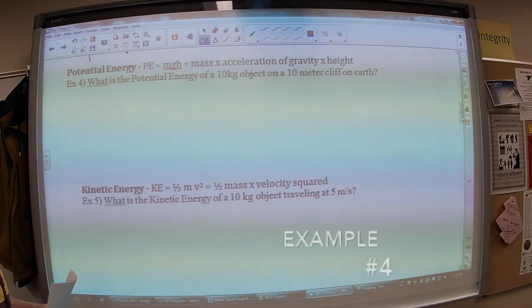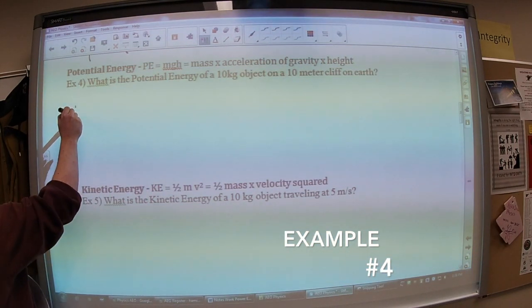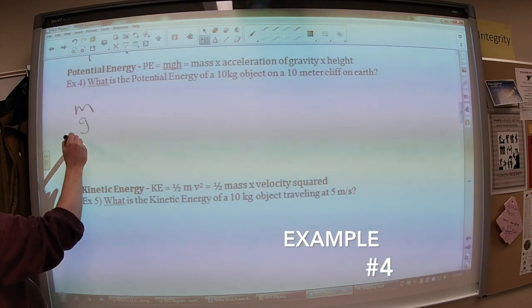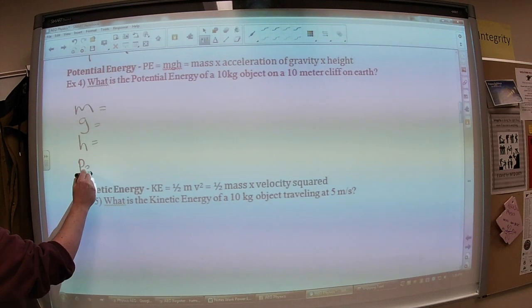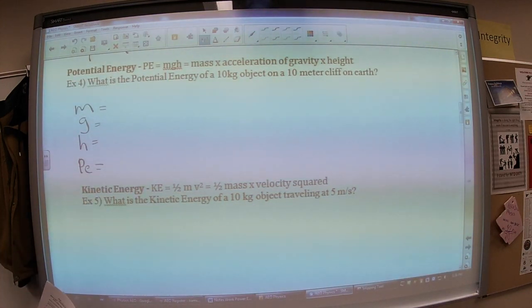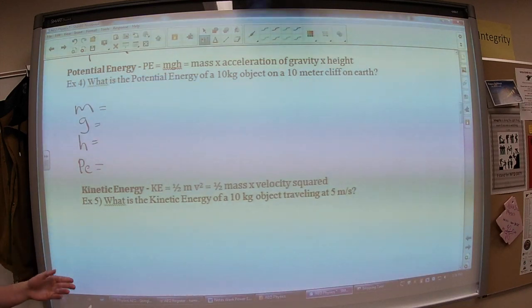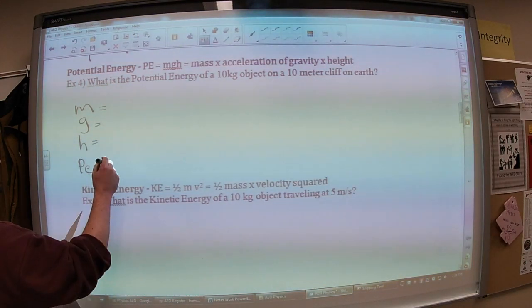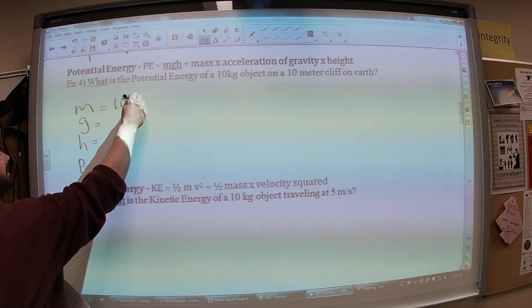How do we calculate gravitational potential energy? The equation up here says mass times gravity times height will tell us potential energy. So we simply want to list all of our variables, and then we'll solve for the unknowns. So what do they give us in this situation? A 10 kilogram box is sitting on a 10-meter cliff. So we have a mass of 10 kilograms.